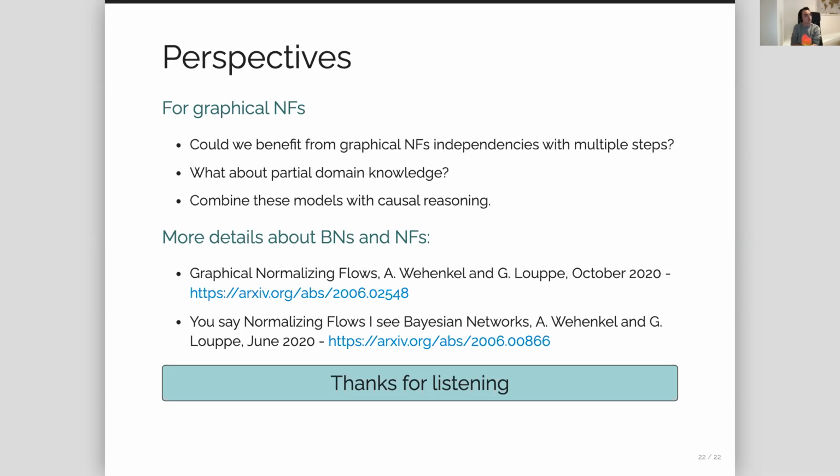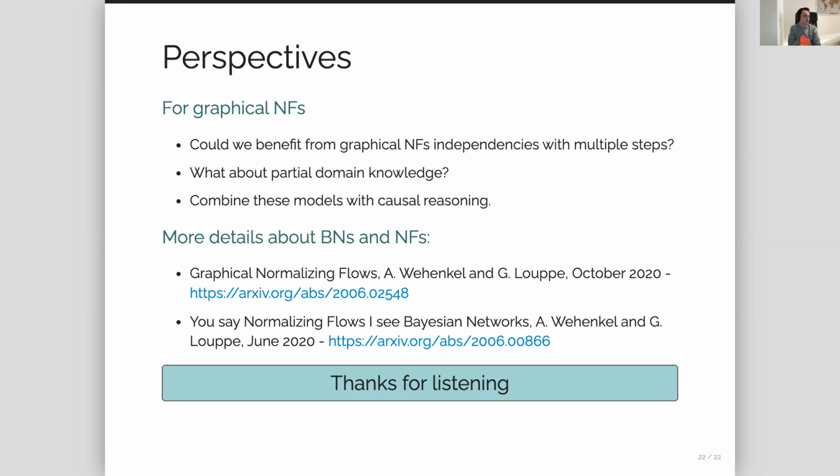And maybe it could be also interesting to see how we can combine the flows, and maybe in particular the graphical normalizing flows with causal reasoning, because Bayesian networks are usually used to do causal analysis and causal reasoning. And so here we have a nice tool to bridge the gap between the two.